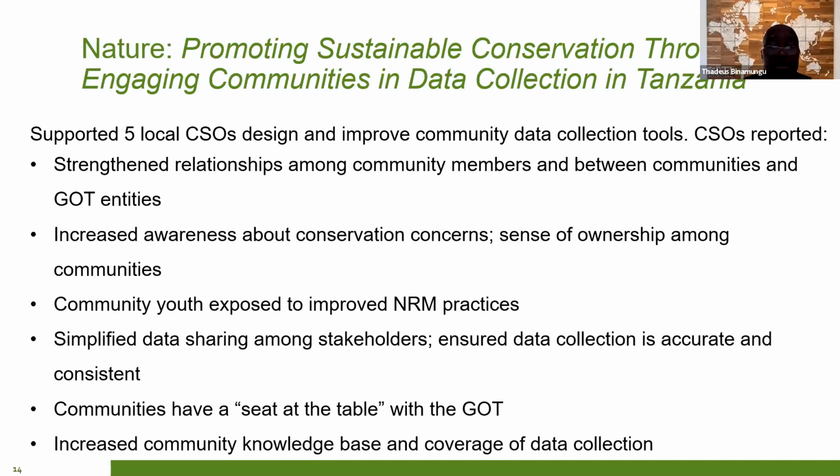What we learned from this exercise, the local communities' data was used by the district authorities to come up with a local policy, which led to the terminating of fishing for 3 months.